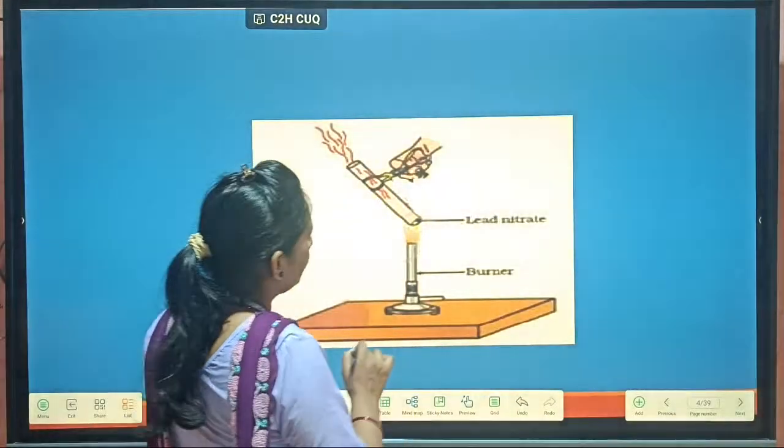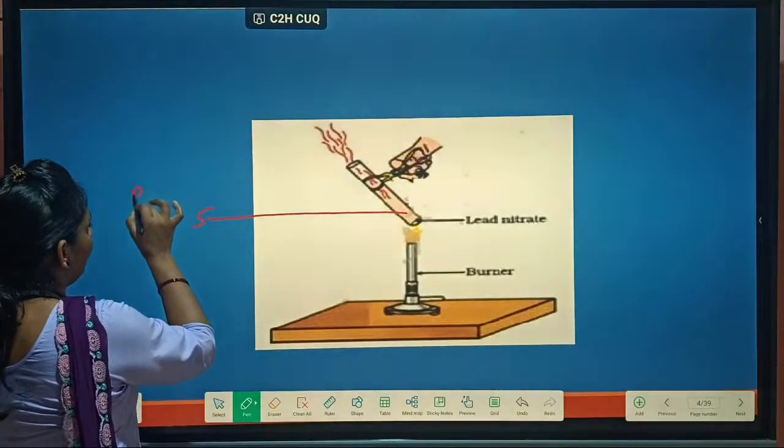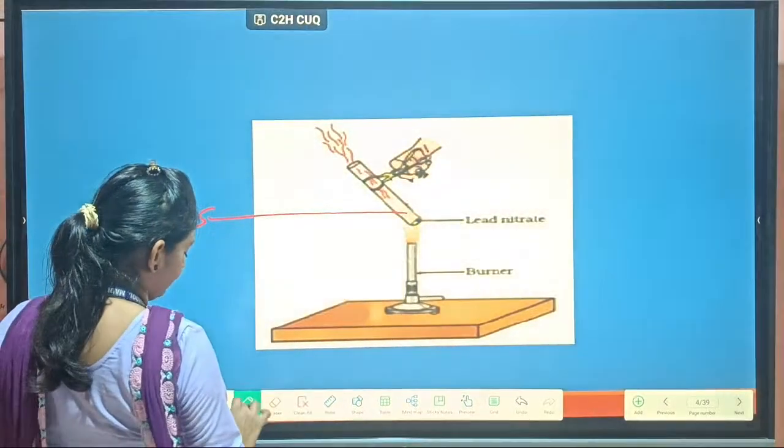Students, here we are having lead nitrate.